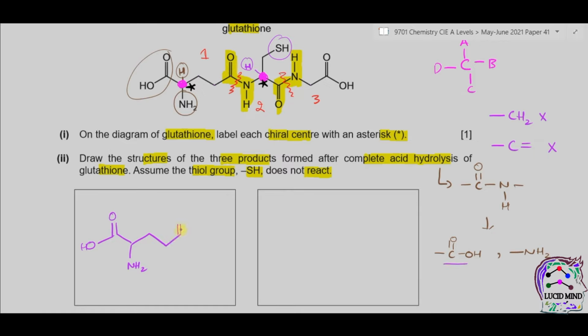Now moving towards second part in between these two breakings. So we have to start from this nitrogen, so it gets converted into NH2. Then we have this carbon, which is attached to CH2SH. This carbonyl carbon gets converted into carboxylic acid.